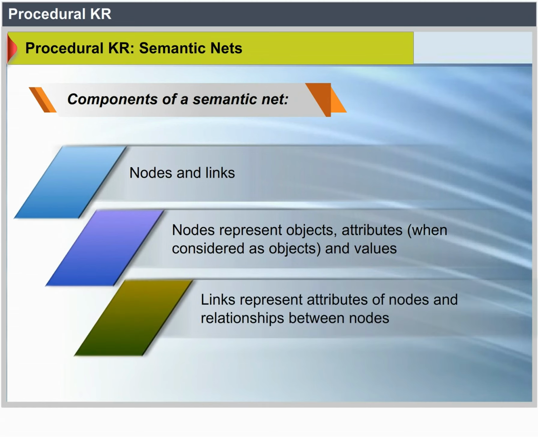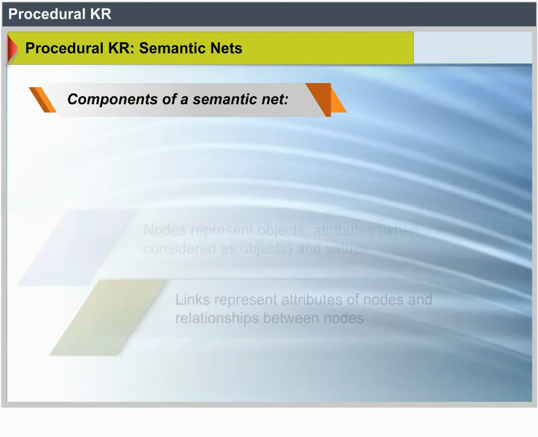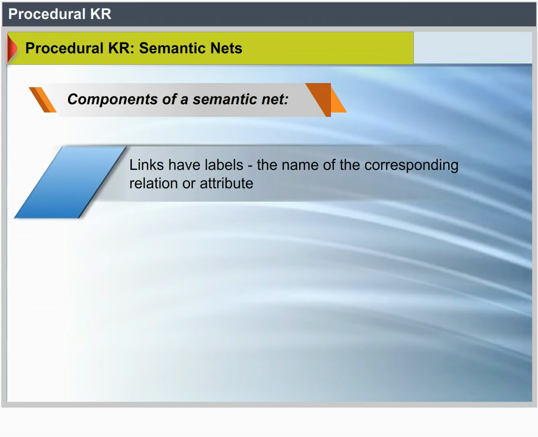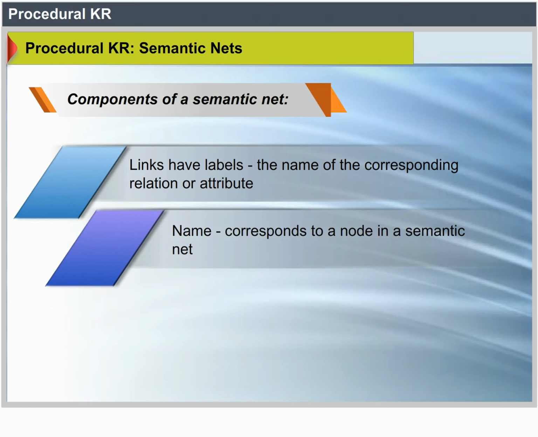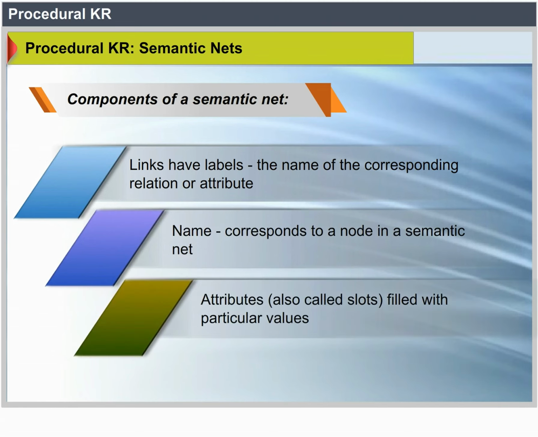Links represent attributes of nodes and relationships between nodes. Links have labels, the name of the corresponding relation or attribute. A name corresponds to a node in a semantic net. Attributes, also called slots, are filled with particular values.